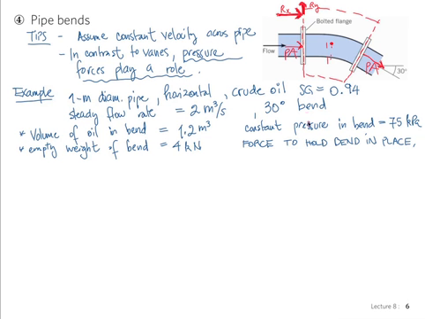I don't know how to draw that in perspective, but the weight is into the page. It's a horizontal bend and I'm looking from the top. So I've drawn X, Y, and Z has to come up there in my picture, to be correct.